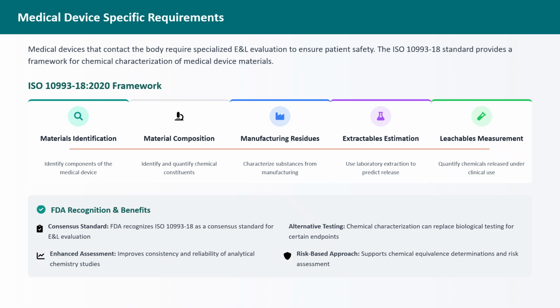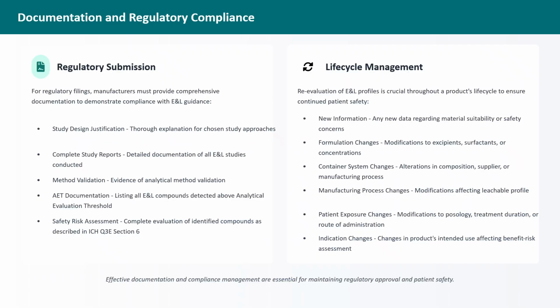Equally important is lifecycle management. Any change in formulation, packaging, supplier, manufacturing process, or dosing can alter the E and L profile and must be reassessed. Compliance is ongoing, not one-time.